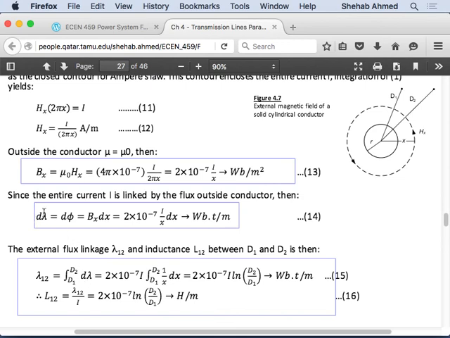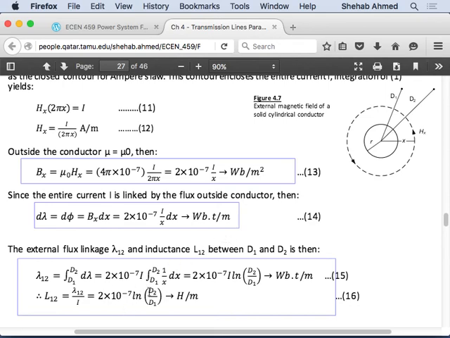So if I calculate this flux linkage between points D1 and D2, I will end up with 2 times 10 to the minus 7 multiplied by the current natural log D2 over D1, right? I can then make D1 equal to radius R, which means I brought this point here, and I can make D2 some point far away, which means I calculated the flux linkage from the radius all the way to some point in space D2, right?